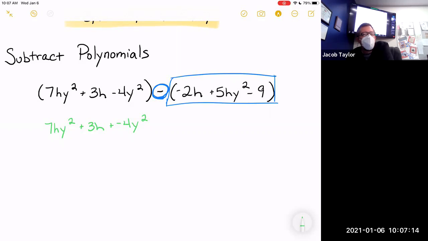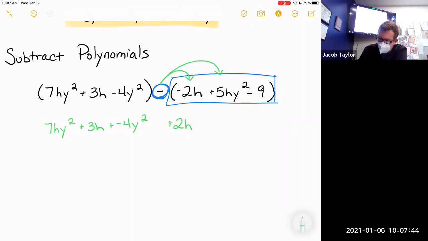Now remember that subtraction sign outside the parentheses functions just like the distributive property. We have to subtract every single thing in the parentheses. So minus negative 2h is going to turn into plus 2h. And then we have minus 5hy squared.